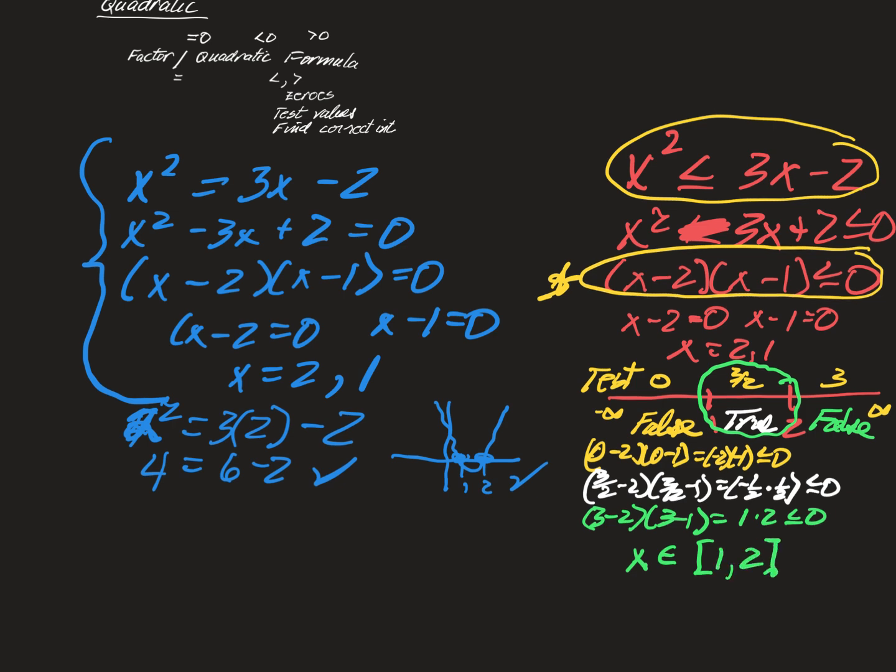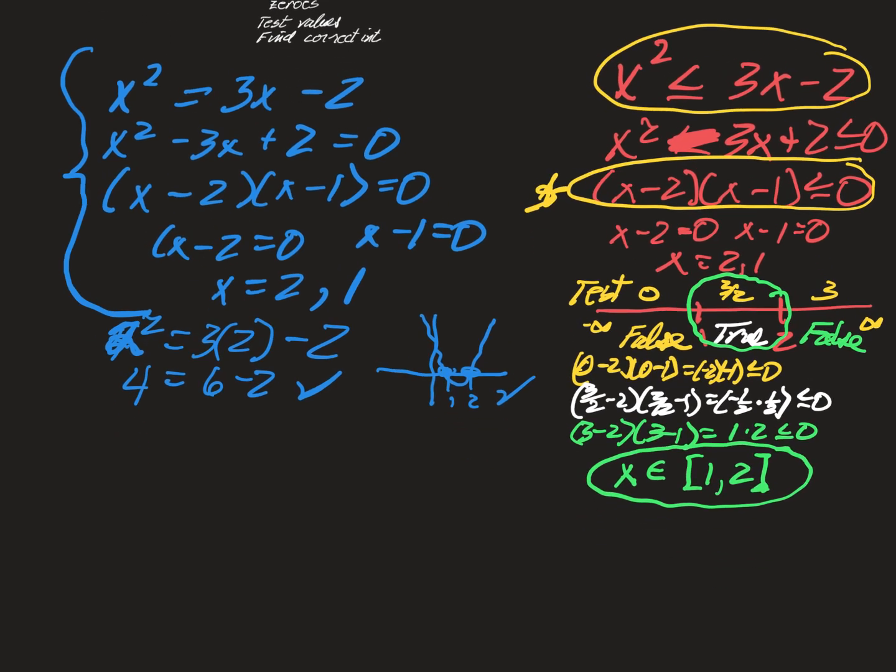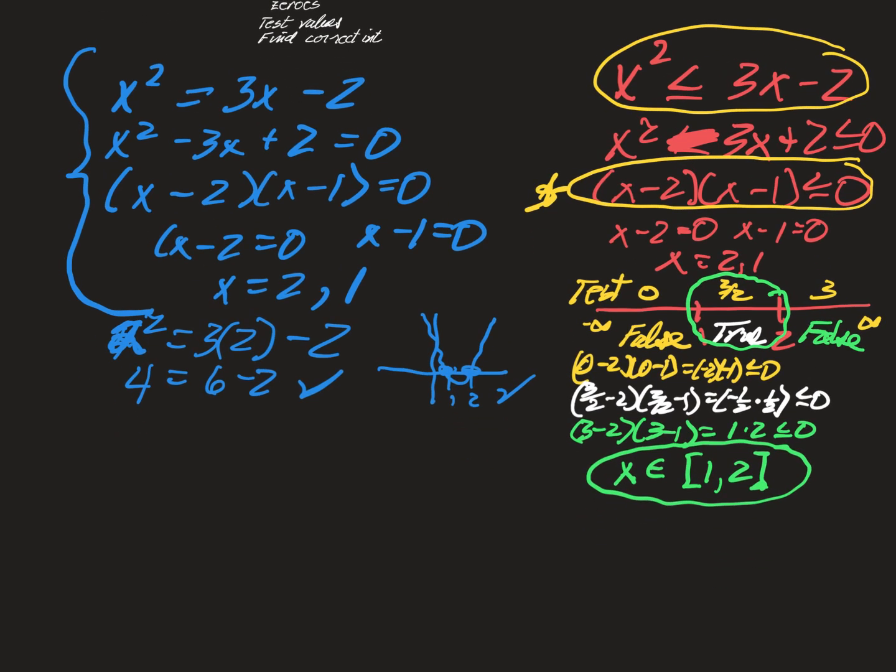That's our true interval. Now, if you have more than one interval where it's true, you could write both intervals and put an or between them. But essentially, this would be our solution. Any x values between those two numbers will give you something less than 0. Now again, we want to check that. How would we check it?